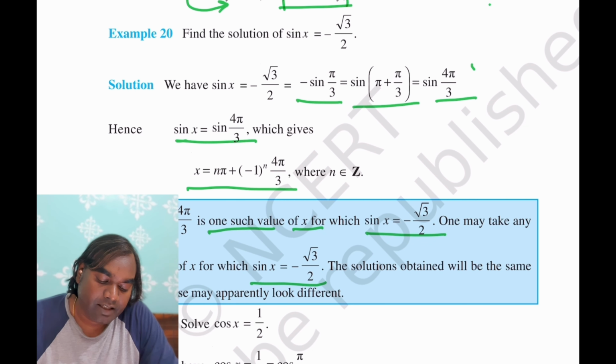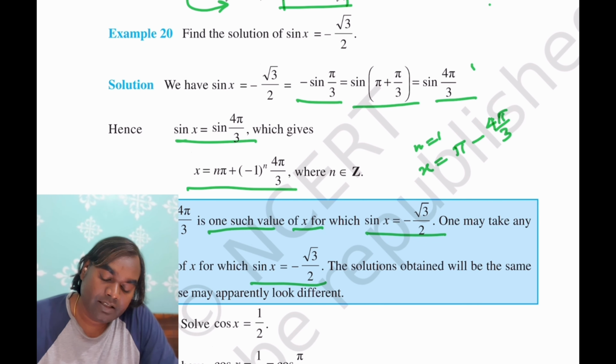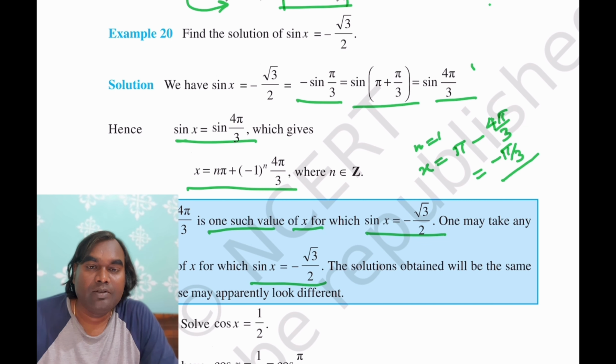So you can get 4 pi by 3 as a solution for which sin x is equal to minus square root 3 by 2, and you can also get, suppose you are writing for n equal to 1, x is equal to pi minus 4 pi by 3, that is equal to minus pi by 3. So minus pi by 3 is also a solution.